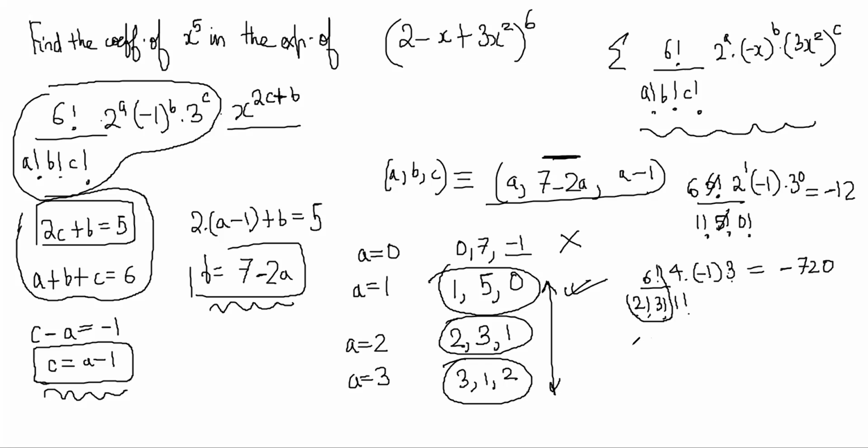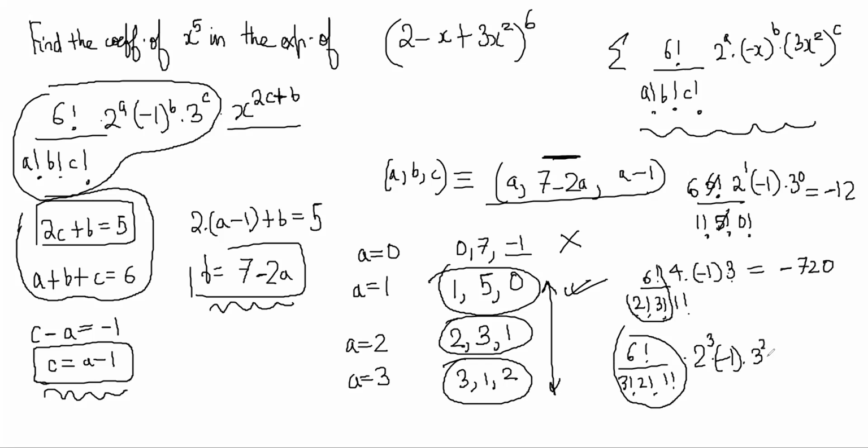And the last one will be 6 factorial by 3 factorial, 2 factorial, 1 factorial. The same answer will come, 60 from here, into 2 power 3, minus 1 power 1 and 3 power 2, 3 square, right?